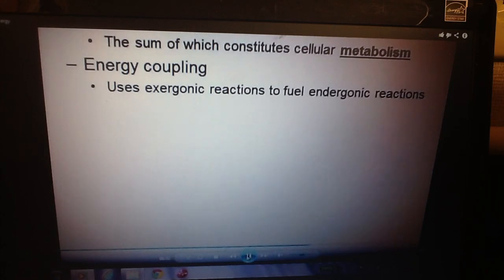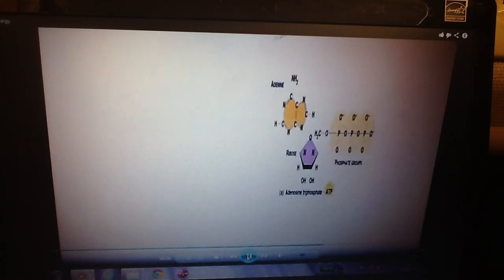The thing about metabolism is it includes both endergonic and exergonic reactions. So when we do an exergonic reaction, we're producing the energy needed for the endergonic reaction. So again, exergonic reactions create the energy needed for endergonic reactions.